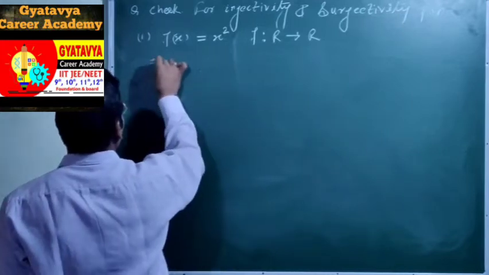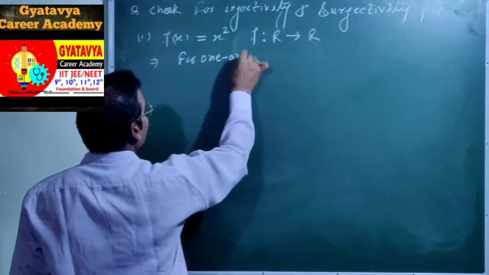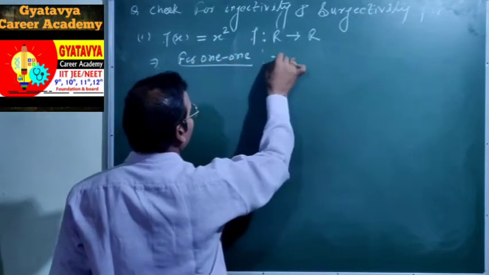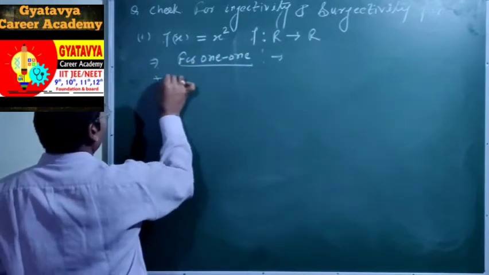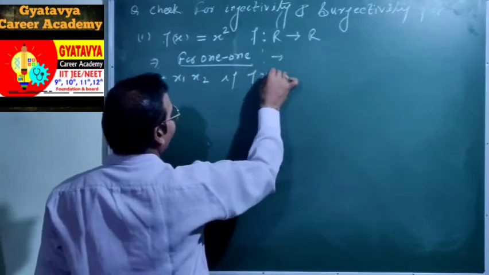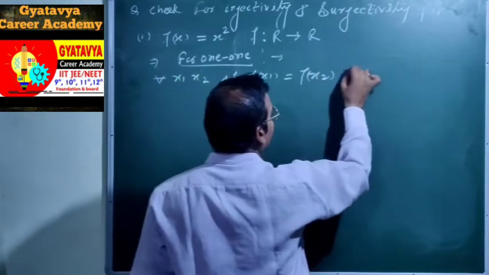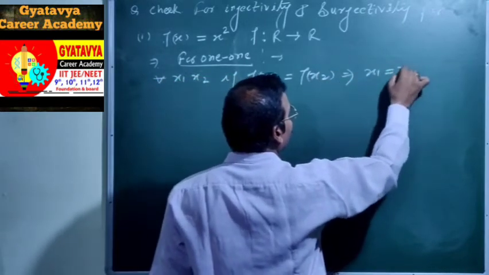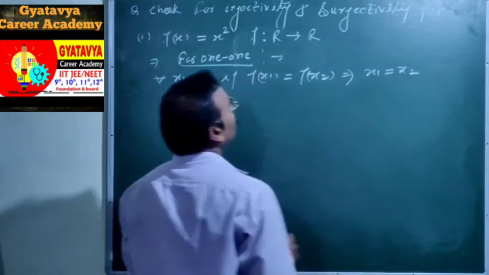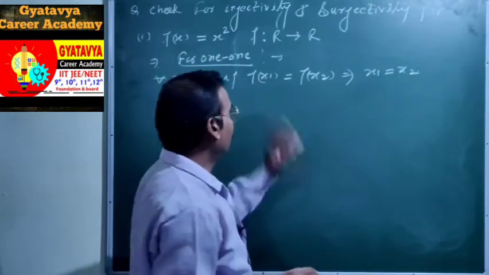Now for one-one, for every x1, x2, if f(x1) equal to f(x2) means x1 equals x2, this should hold for one-one.